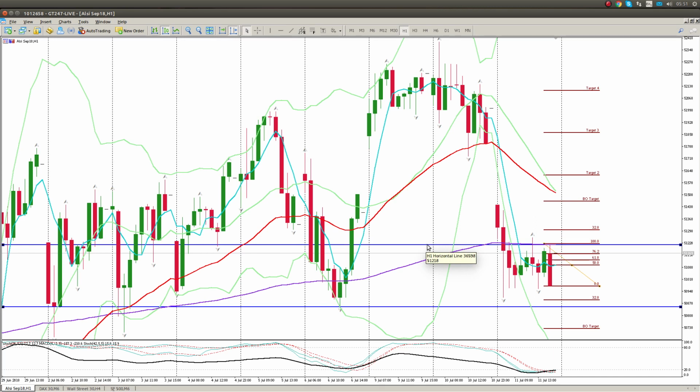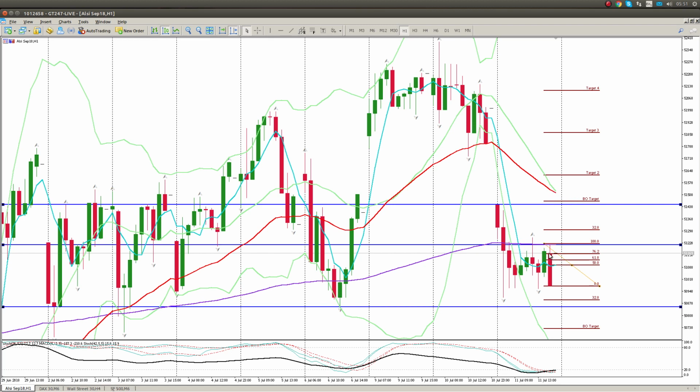A break above 51,220 is going to bring us 51,450 as our first target. That would be the most logical target. You can see the 20 moving average will probably be in that area. The 40 will be in this area as well.